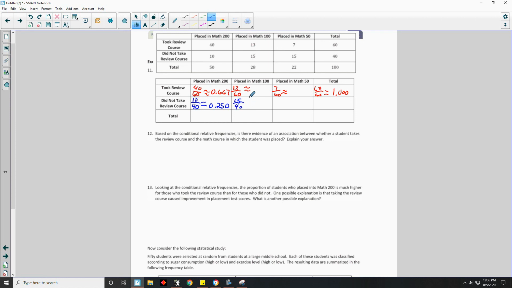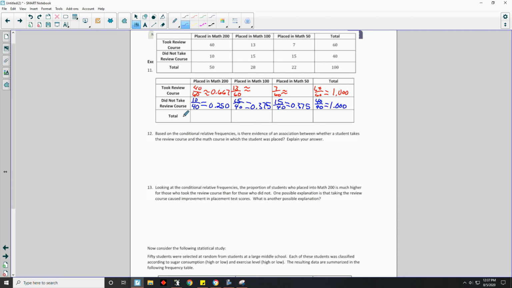And 15 out of 40 is 0.375, just saving some time here and not using the calculator. It's not an approximation, it's exactly 0.375. And then finally we have 40 out of 40, which is equal to 1.